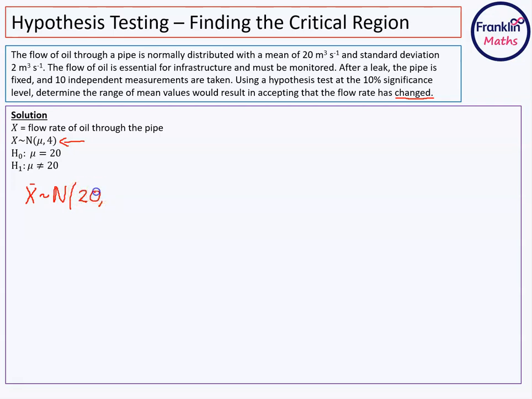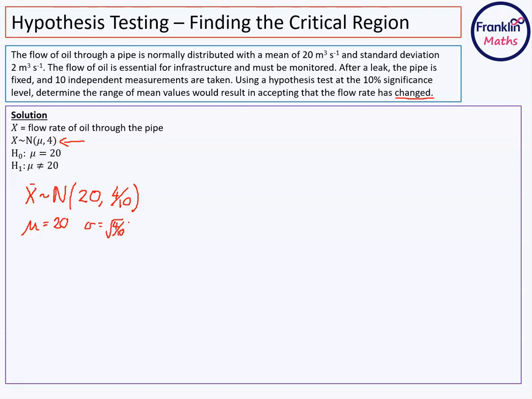And the variance in this case is going to be 4 divided by the number of samples. So I'm going to write down my mean is equal to 20. My standard deviation in this case is going to be the square root of 4 over 10, because that's what's going to go in my calculator.